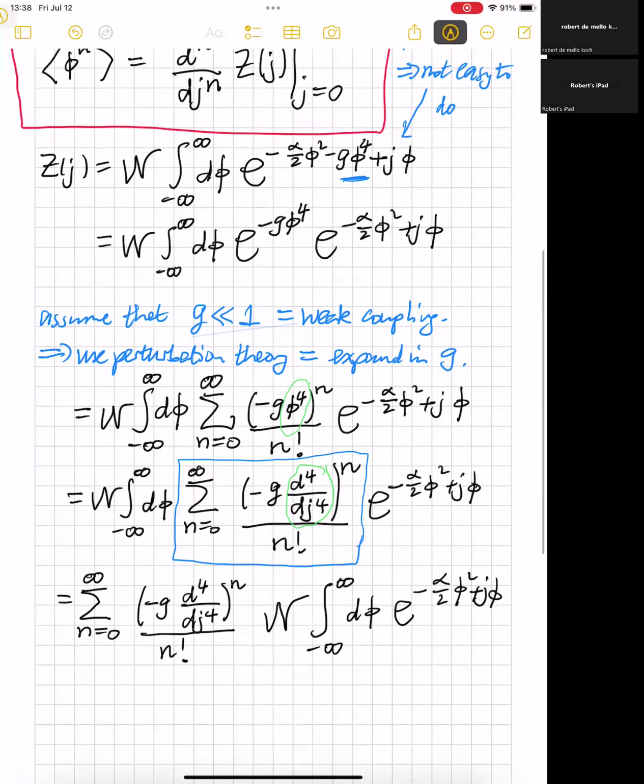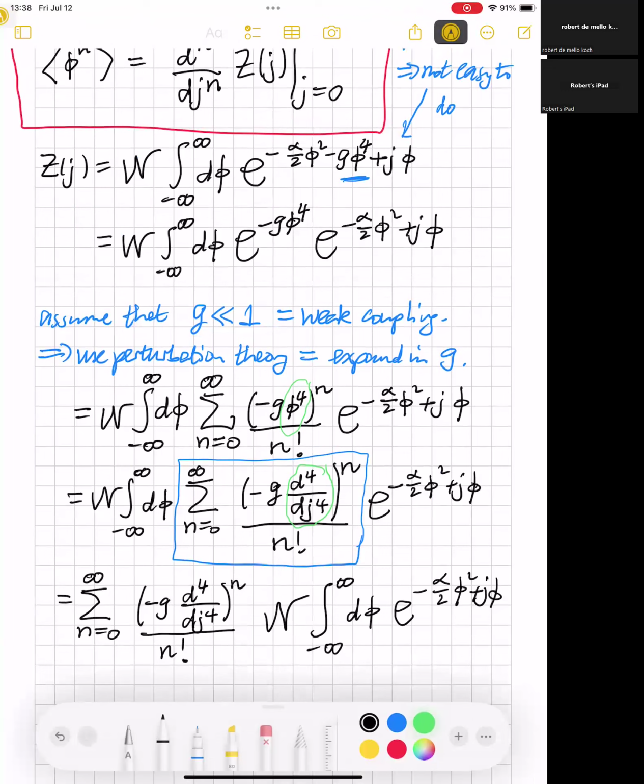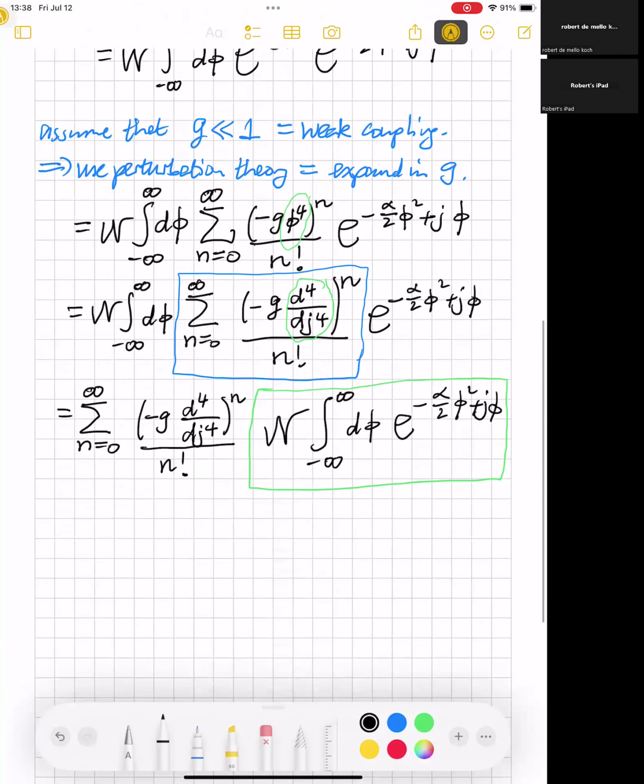Now, let's look at what is sitting inside this green box. Look at this factor over here. What is this equal to? Well, this was what we called Z of J for the free theory.